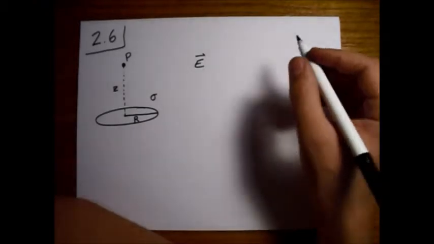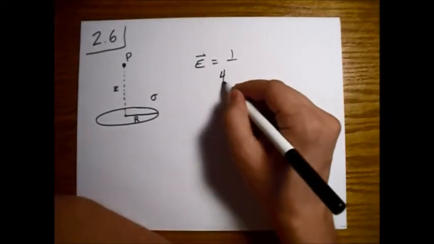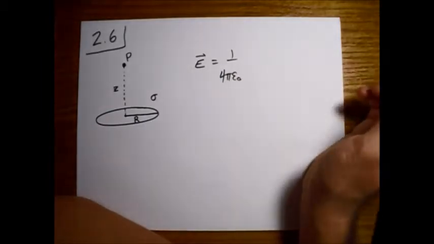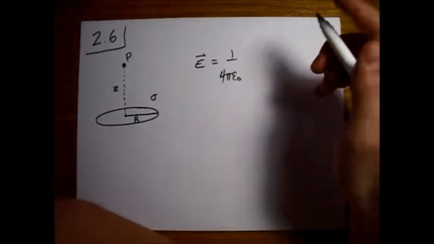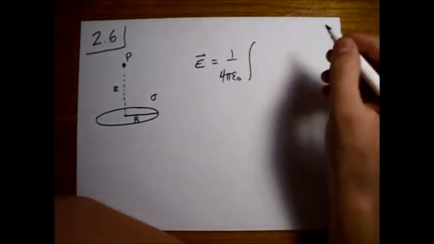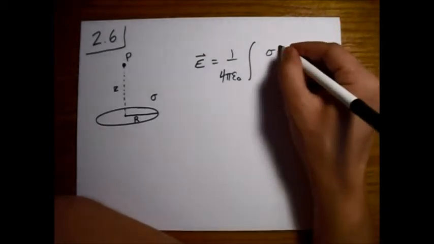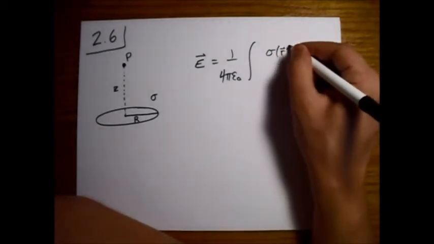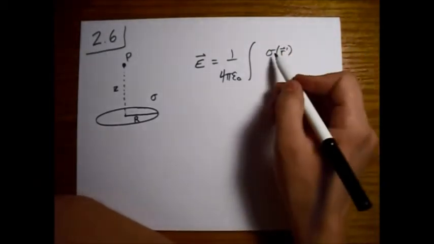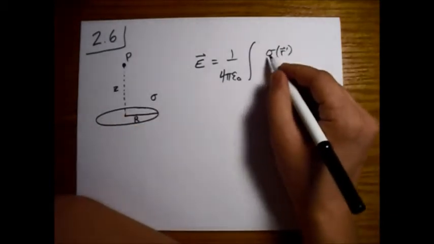If I didn't say before, that's what we're finding, the electric field at this point P due to this disk of charge. All right, so the electric field is given by 1 over 4 pi epsilon naught, and we integrate over the charge density, which in this case is sigma. We don't need the r prime here because sigma will be constant over this disk, so we can just have sigma.